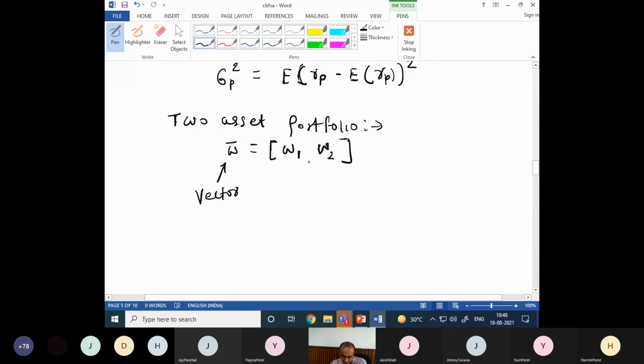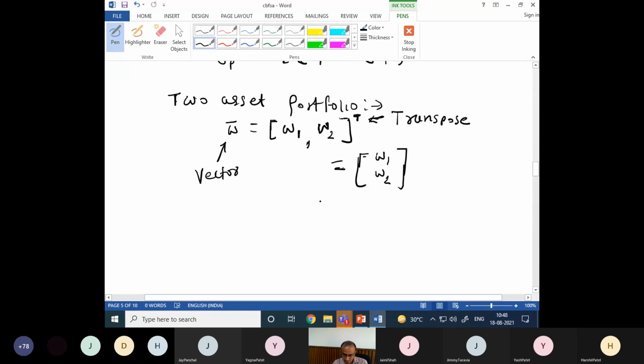So there are two weights, W1, W2, and I write a transpose sign T. This T is the sign for transpose. Actually it is a column vector W1, W2. So this is the weight vector W bar.